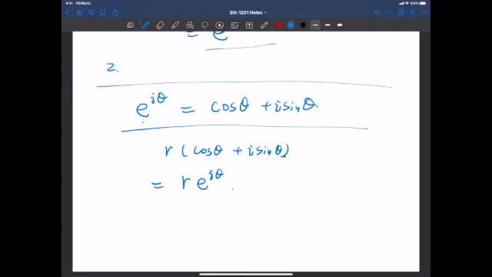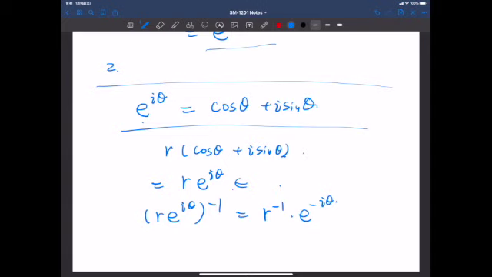So this is another way to express the polar form. And of course, if we take the reciprocal, r e to the power of i theta to the power of -1 is r to the power of -1 times exponential of minus i theta. So this is just like the exponential function.